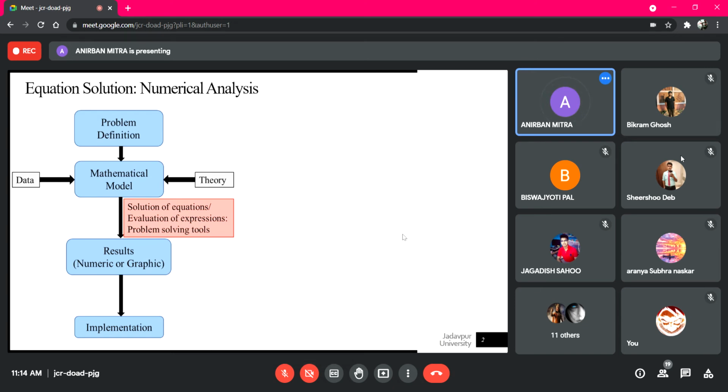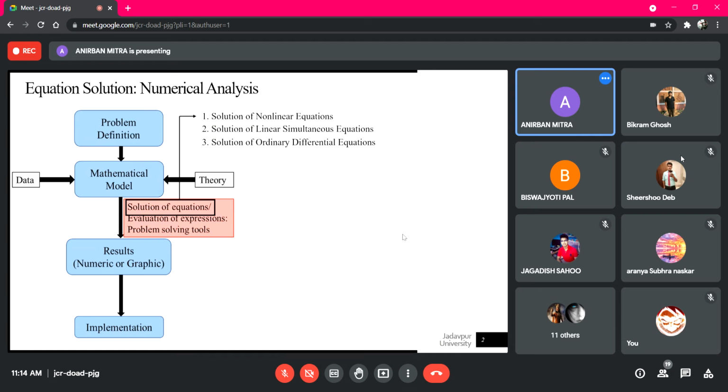Similarly, there could be different types of numerical techniques to tackle those different classes of problems. So as you can see here, numerical techniques exist for solving nonlinear equations, linear simultaneous equations, ordinary differential equations, etc.